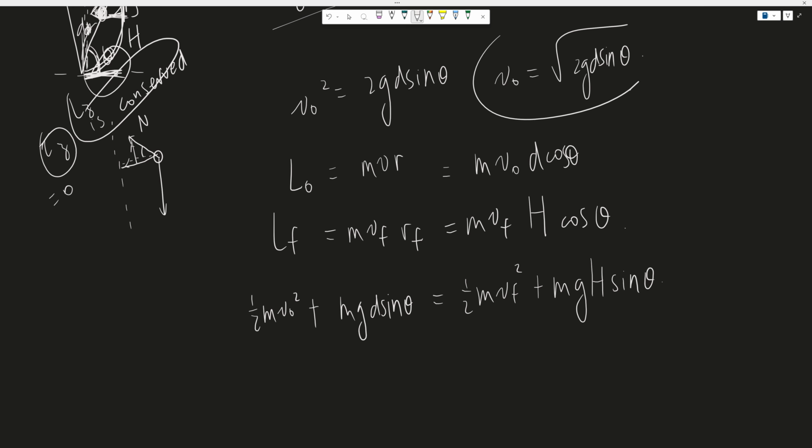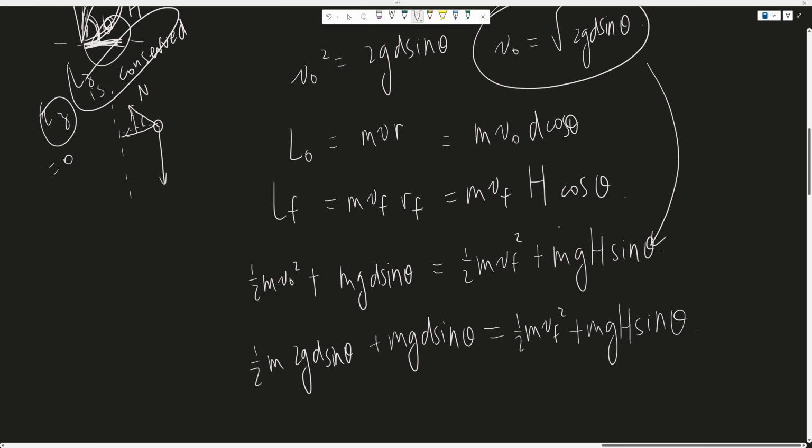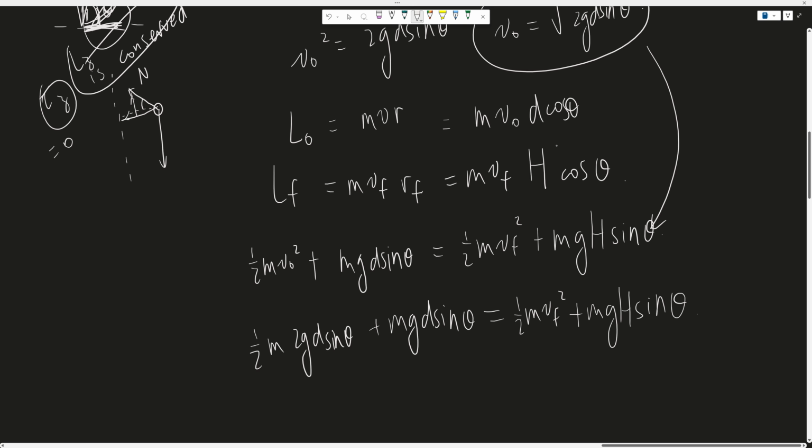So let's sub in this equation to this formula. So we have half m times 2g d sine theta plus mg d sine theta equals half mvf squared plus mgh sine theta. And then later we can also substitute this formula.